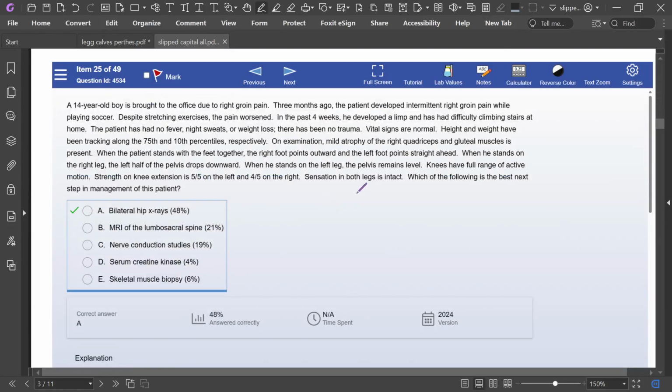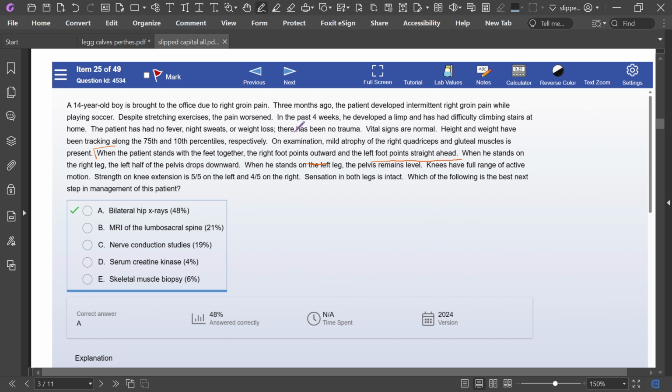If we look at this question again, how can we diagnose? When he stands with the feet together, the right foot points outward, the left foot remains straight ahead. So this is another clue point for diagnosing slipped capital femoral epiphysis.